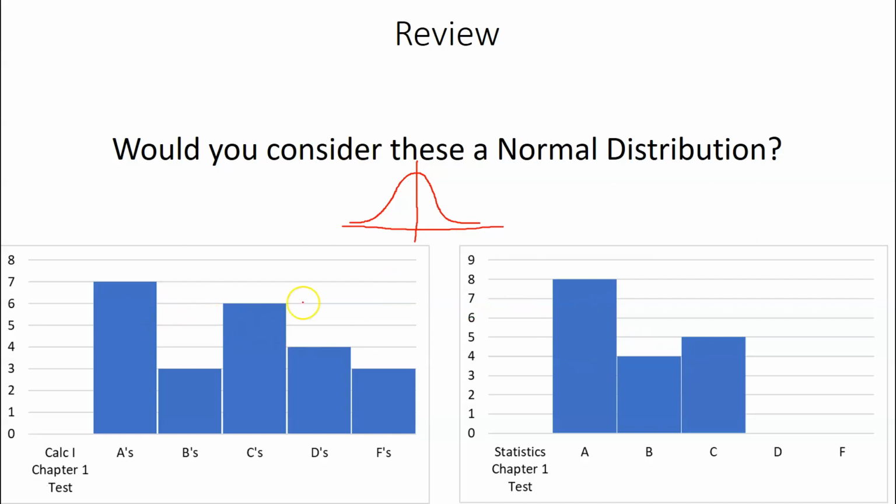In both cases, lots of A's, but then we don't get a bubble over the middle. We get lots of A's, got some F's, and it's a little bit chaotic here. If you actually took away so many A's, this could be almost a normal distribution, but there's definitely a high number of A's in both situations. This was the statistics test last year, not this year, the results of the test last year.